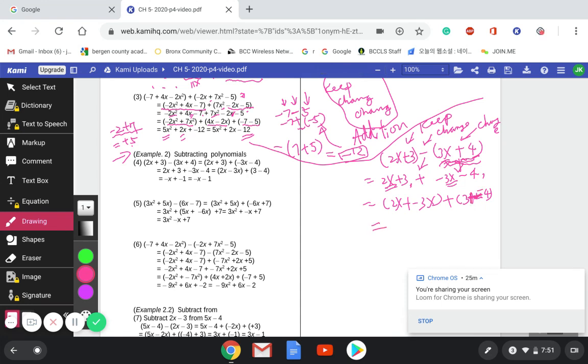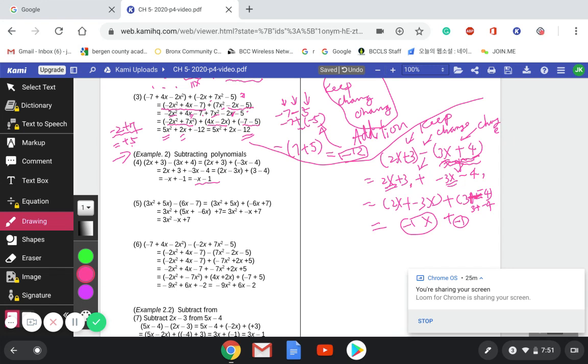So that becomes negative 1x, and 3 plus negative 4 becomes negative 1, because the bigger number has a negative. So negative and different sign, subtract. So you end up with negative 1x minus 1.